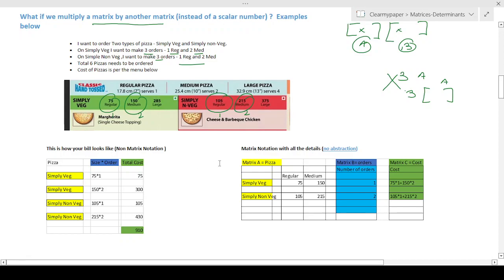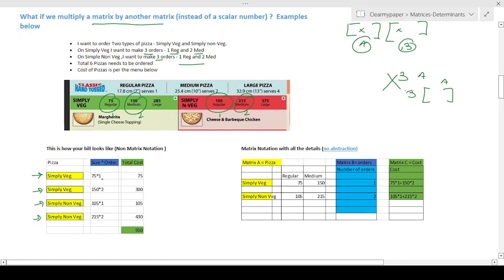If you keep the matrices aside for a minute and just focus on the left side of the calculation, let's say they give you a bill with the total cost. I've highlighted it. It's not in matrix notation; it's a traditional bill. So how do you typically see the bill? You'll have the order entry, veg, non-veg, and then the size and the order.